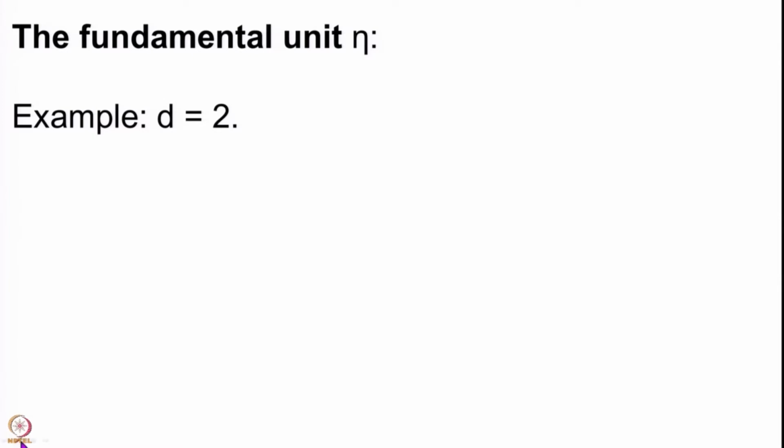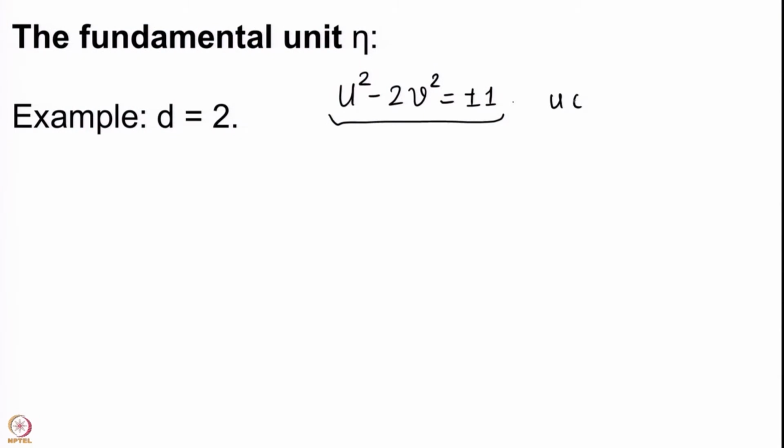So, we have d equal to 2. Remember, we are looking at solutions to u square minus 2v square equal to plus or minus 1. The u and v are integers because our d is not congruent to 1 modulo 4. When d is congruent to 1 modulo 4, the u and v can be half the integers, but here u and v are integers.